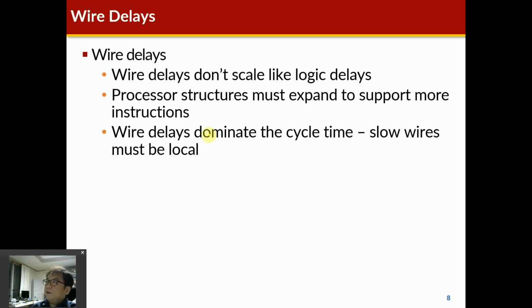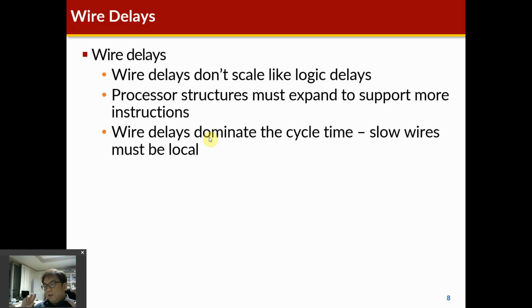And then wire delay. A wire is made of metal. A CMOS transistor is composed of semiconductor, silicon, with dopants of holes or electrons, but a wire is a pure metal.